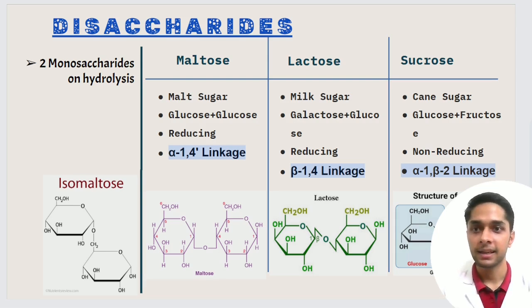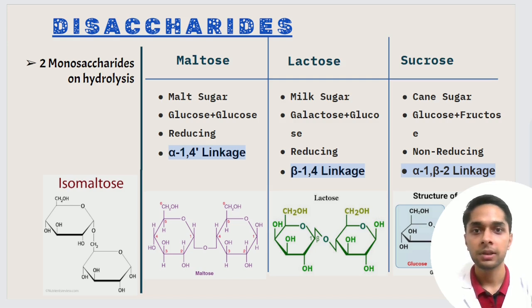Now these are disaccharides and they yield 2 monosaccharides on hydrolysis. We have taken a few examples like maltose, lactose and sucrose. They are made up of 2 glucose units, a galactose and a glucose unit, and a glucose and a fructose unit respectively.